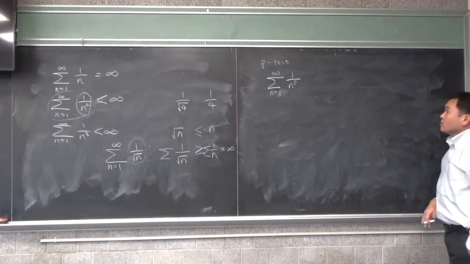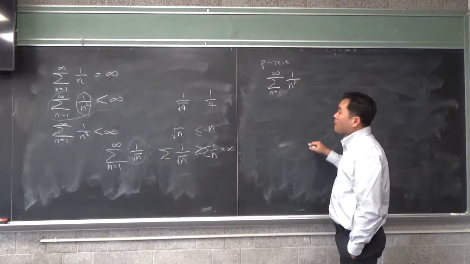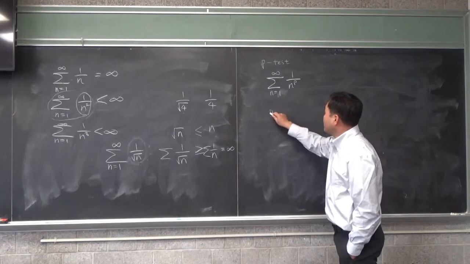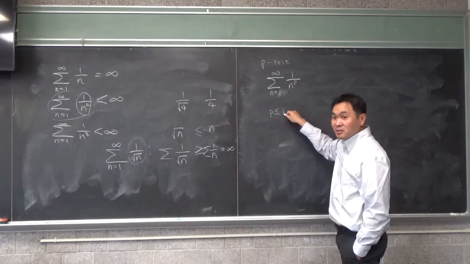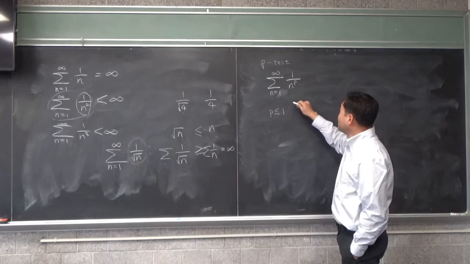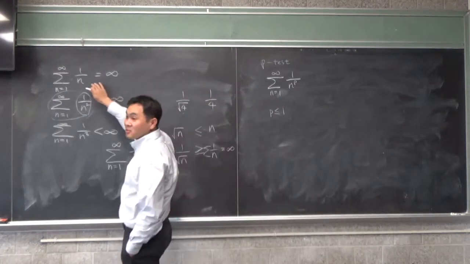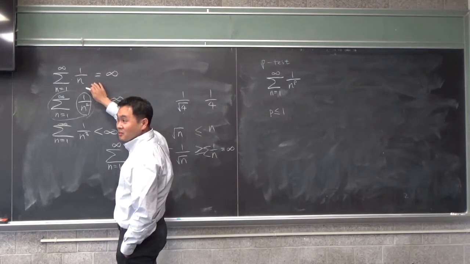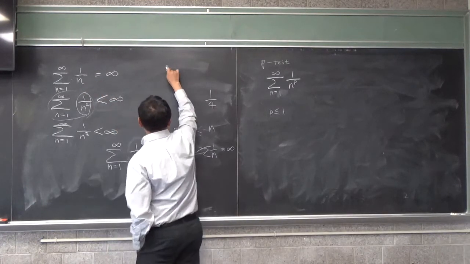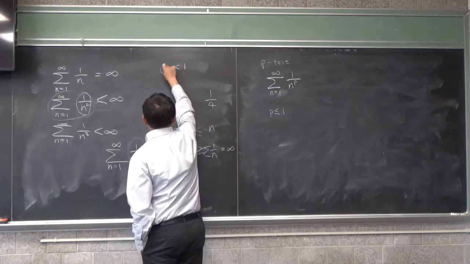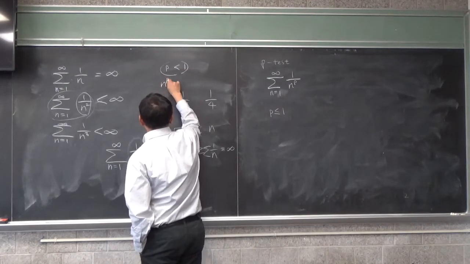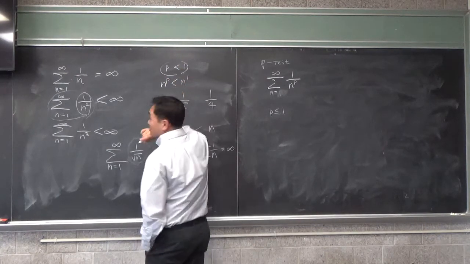Okay. So here's what we know. If p is less than or equal to 1, then this will be bigger than this one, which diverges. See, if p is less than 1, then n to the p would be less than n to the first power.